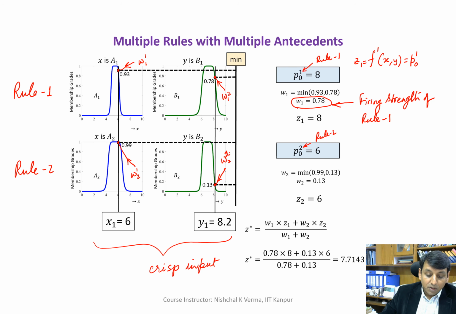Both of these values are 0.99 and 0.13, and when we take the min of the two, we get the firing strength of rule number 2, which comes out to be W2 equal to 0.13.